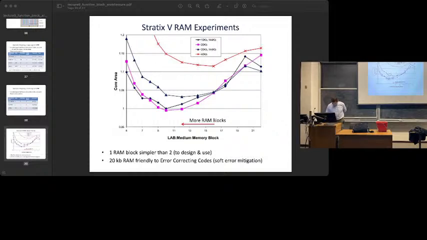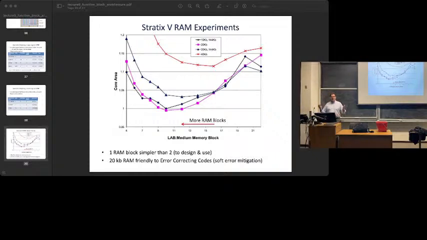And then there are 2 options where we ask, do we really need 2 different kinds of block RAM? It's more complicated to lay out, and more complicated for the CAD tools, so maybe we could get by with 1. If we do 20 kilobits, it actually works pretty well. This pink line shows that a 20 kilobit RAM by itself is about as good as this mix of 10 kilobit and 144 kilobit, and it's a bit simpler.